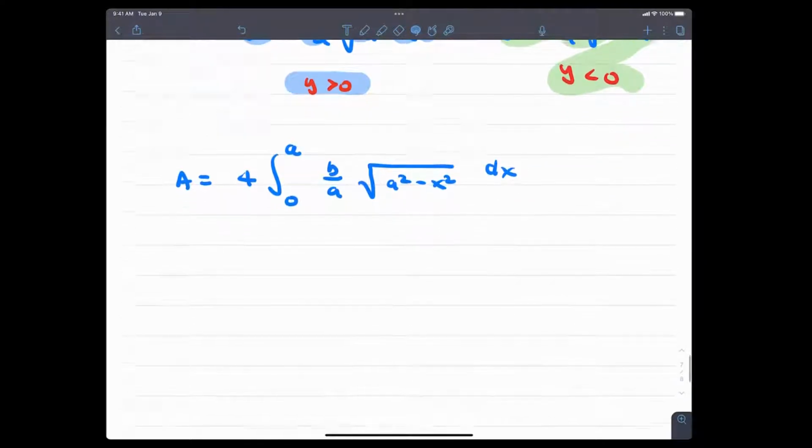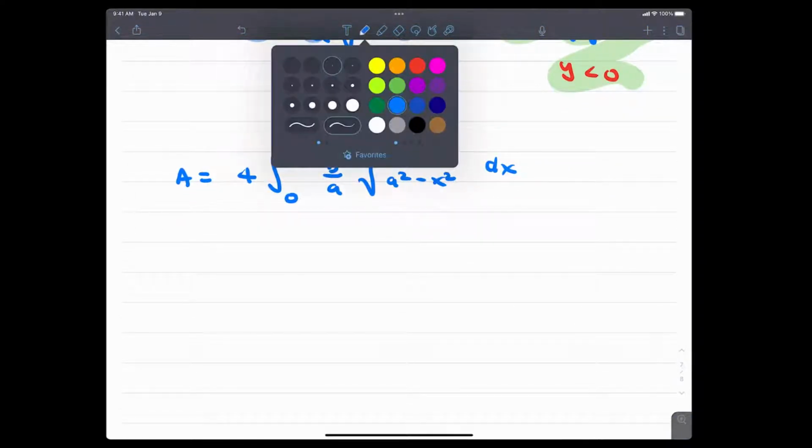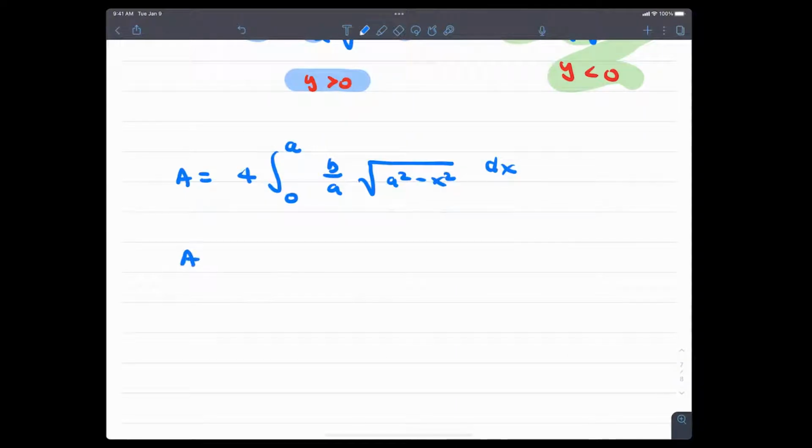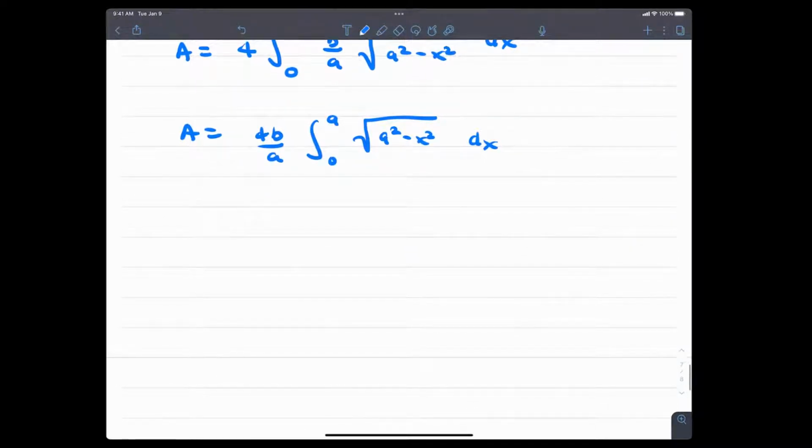So you can now do b over a square root a squared minus x squared. And if you pull out the constants, 4b over a, and you integrate from 0 to a, square root a squared minus x squared dx, what I want to remark to you is simply this.